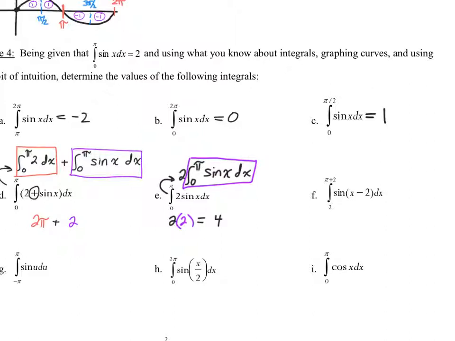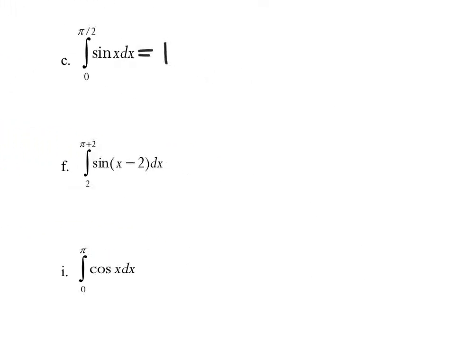Part F doesn't seem anywhere related to the given function, but it's very related. I'm going to draw a quick sketch of that, and you'll see. It's kind of off on the side here. By the way, quick question. What does that x minus 2 tell us?